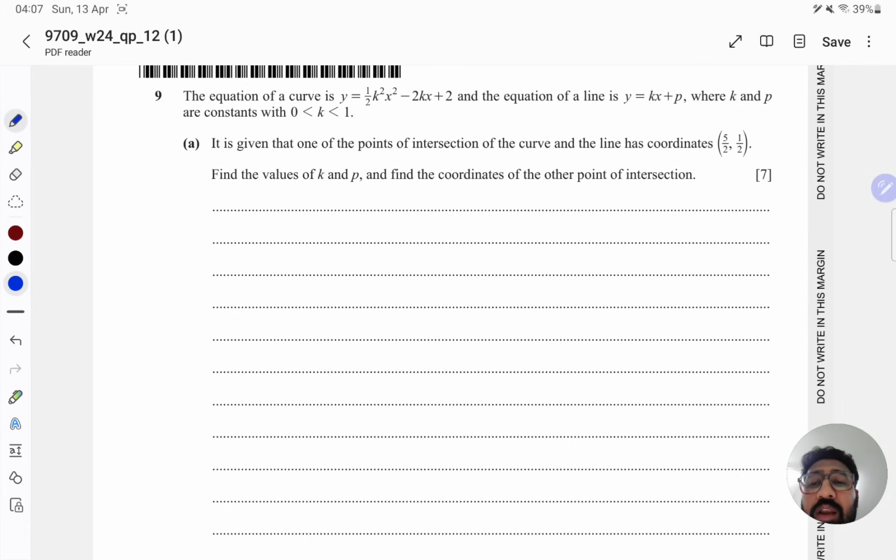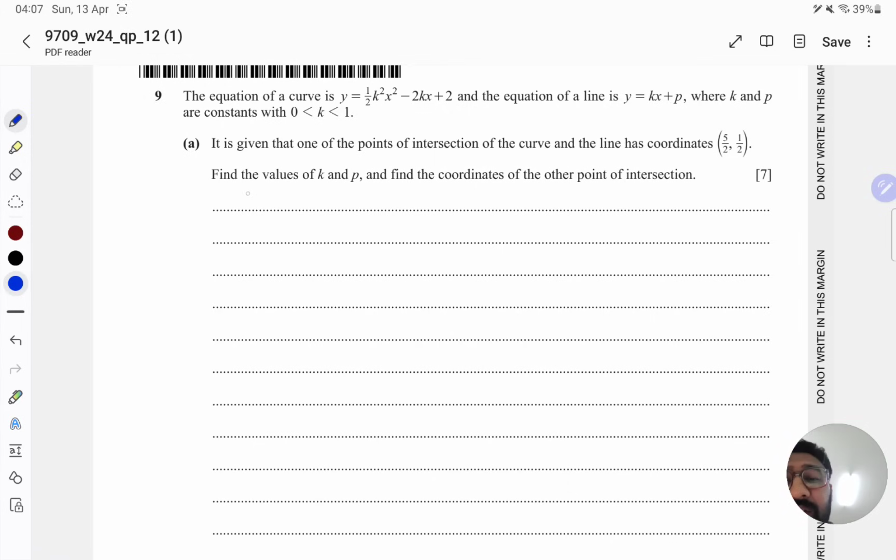It is given that one of the points of intersection of the curve and the line has these coordinates. So he is saying that one point of intersection is given to us. We need to find the other point of intersection, as well as the values of k and p.